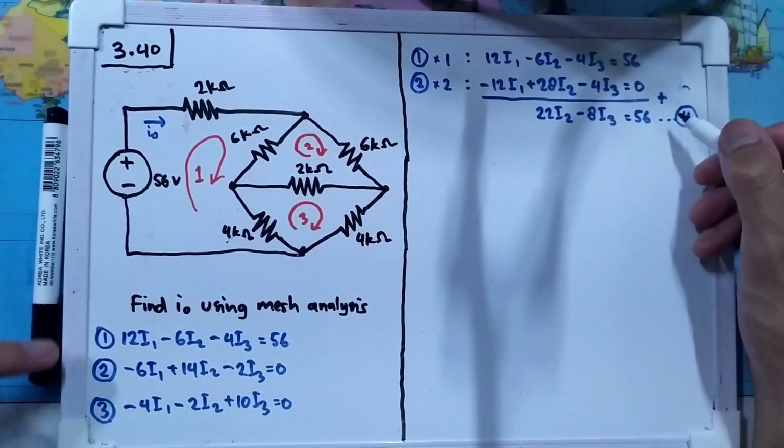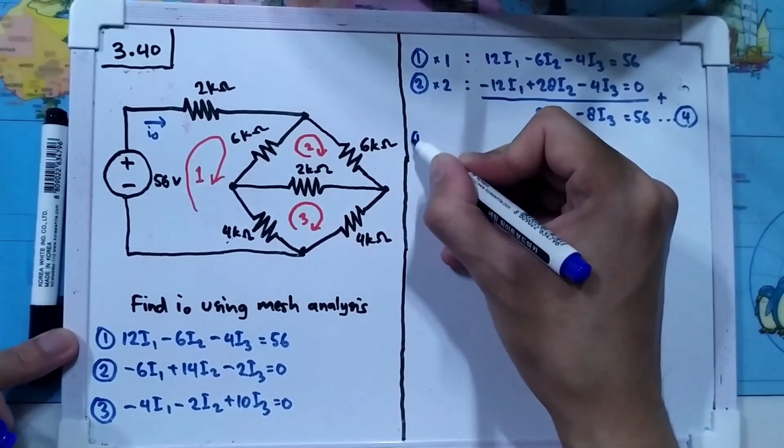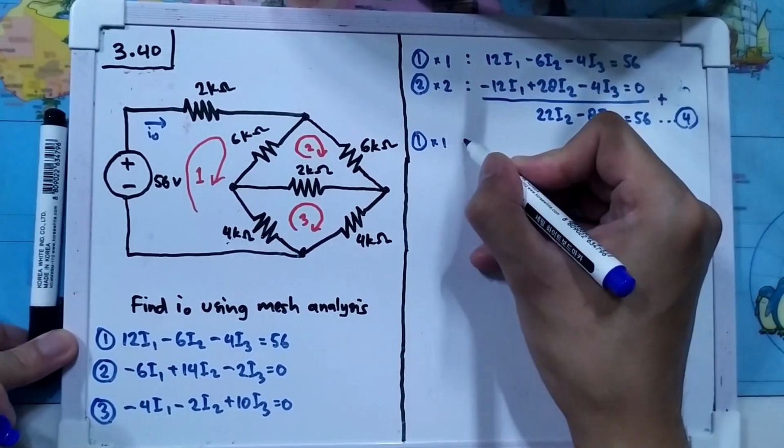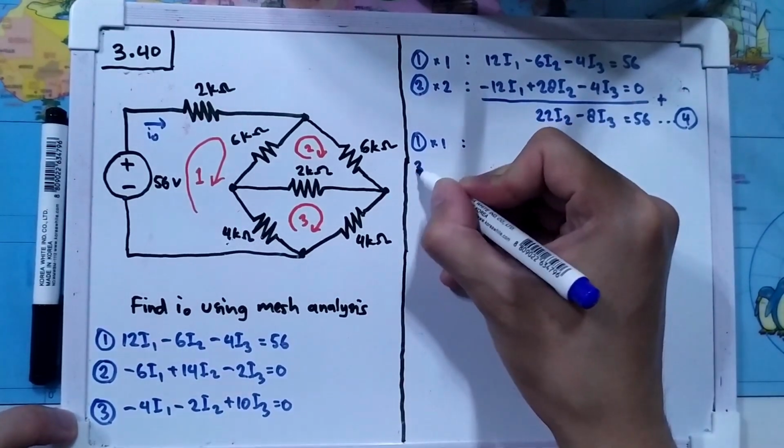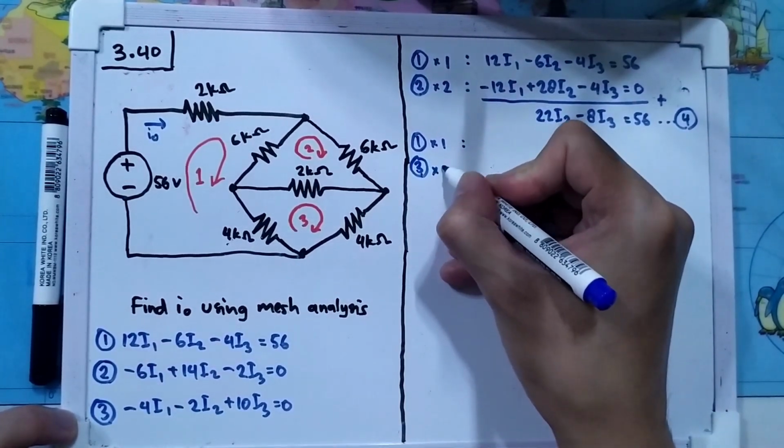Now I will use equation number 1 again, multiplied by 1, and I will have equation number 3 multiplied by 3.